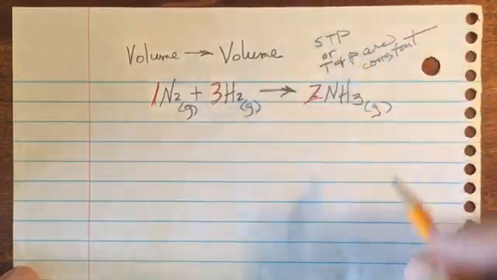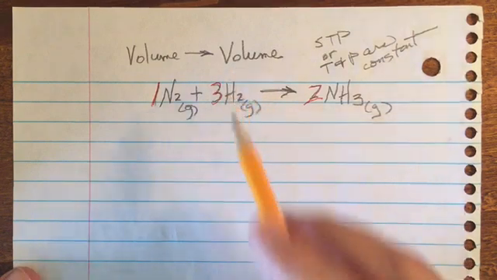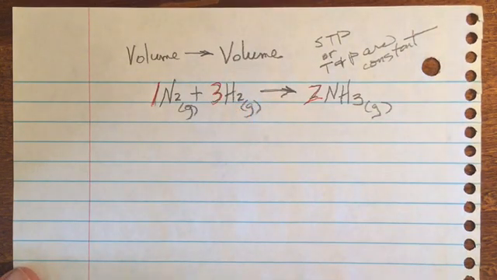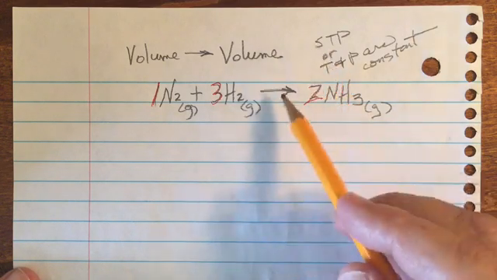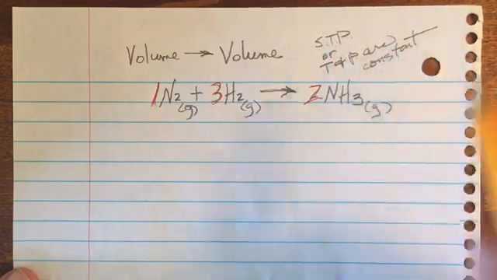We'll learn more about this when we study gas laws in the next chapter. But volume to volume stoichiometry problems require only one step, the middle step, which is the mole ratio application. That applies if you have standard temperature and pressure, STP, or if temperature and pressure are constant.